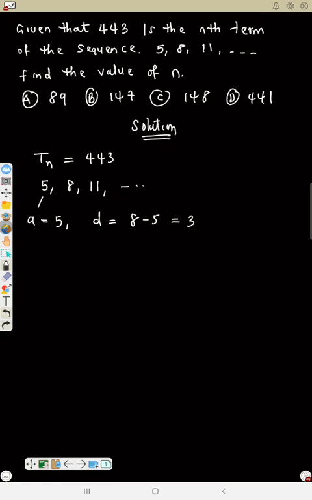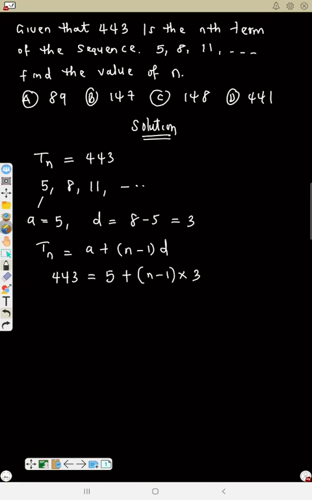Now, which formula are we going to use to find our n? We already know Tn equals a plus (n minus 1) times d. Our Tn is given as 443. So 443 equals a, that is 5, plus (n minus 1) times d.